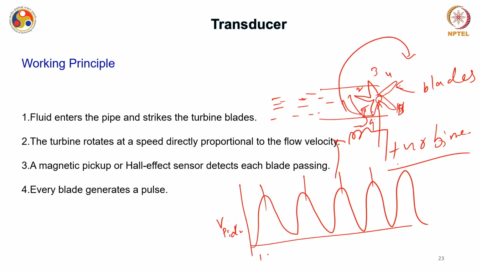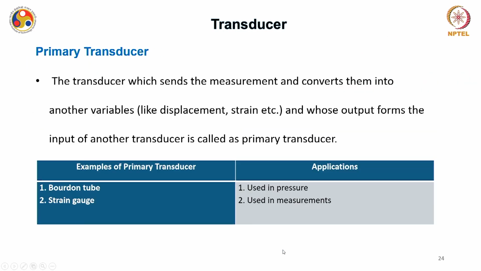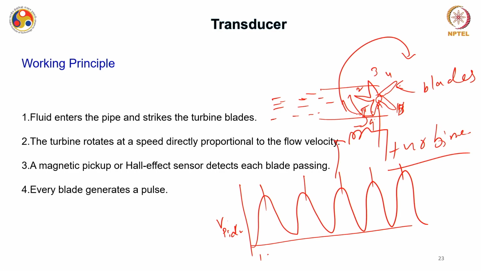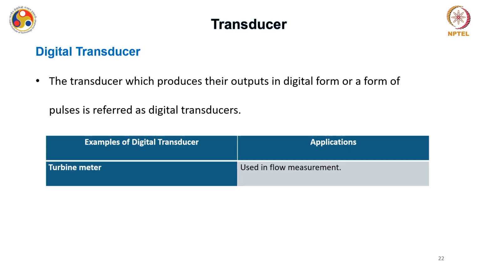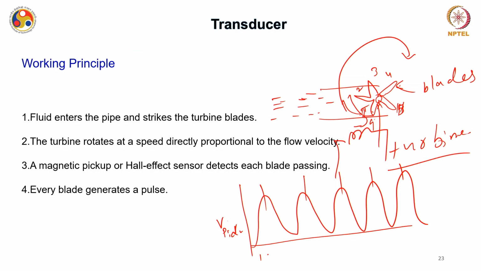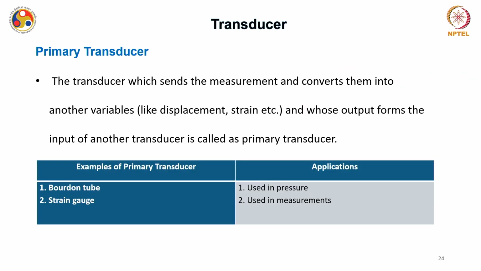Each pulse suggests the counting of the passing of every blade. So the output is already discretized. You have not done anything intentionally, but the output itself is a pulsed output, in digital form. So this is a good example of a digital transducer.